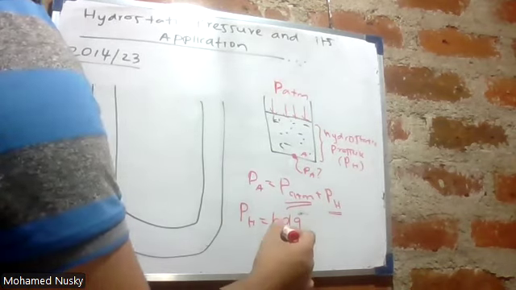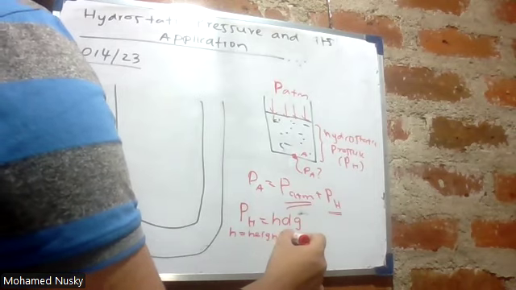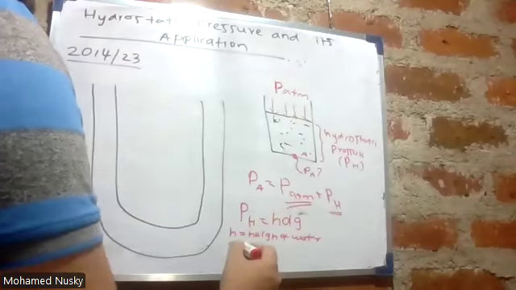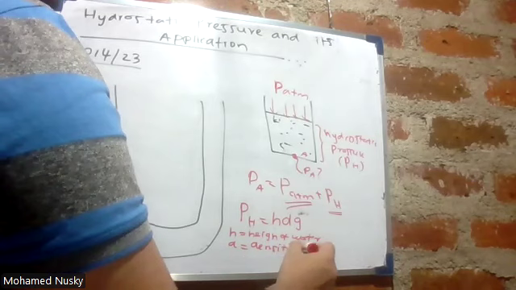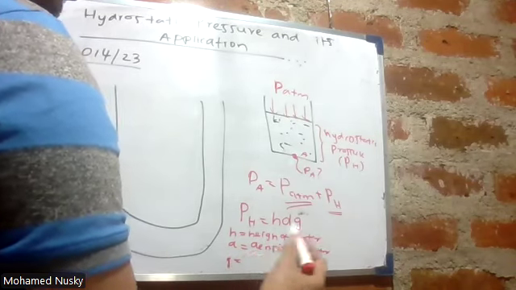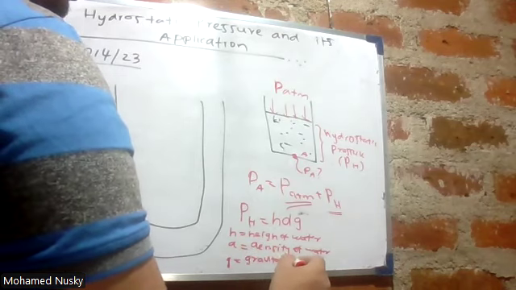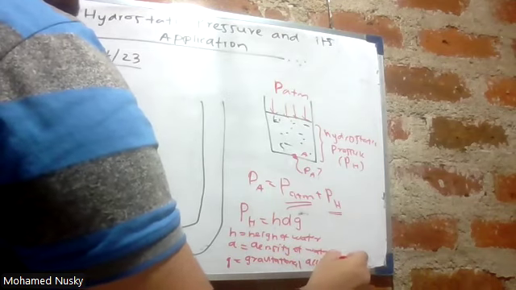What is this h? h is the height of water. And what is this d? Density of water. And what is this g? That is gravitational acceleration.